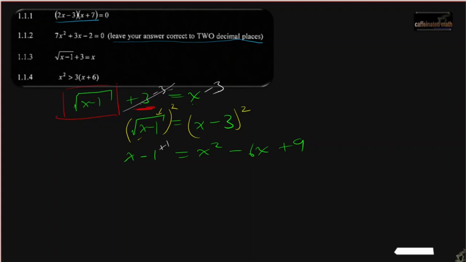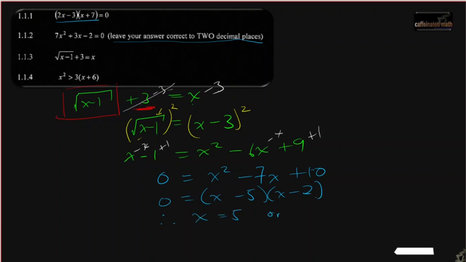Okay, so we're adding 1 and we're subtracting x, but of course we're doing it on both sides. What does that lead to? Well, this zeros out totally like we want, and then we'll have x squared minus 7x plus 10, or 0, be equal to x minus 5 multiplied by x minus 2. Thusly, x is equal to 5, or x is equal to 2.